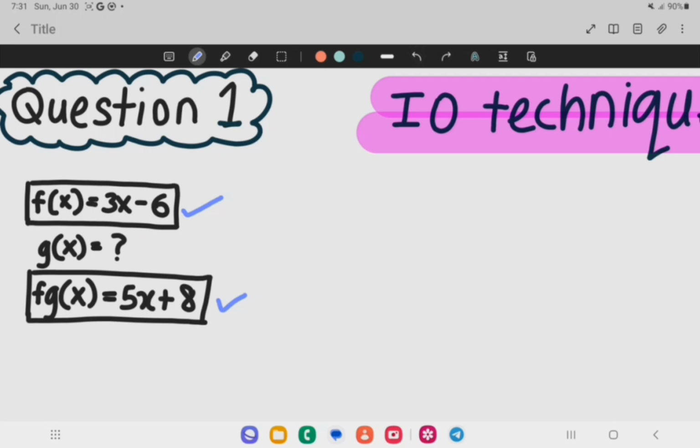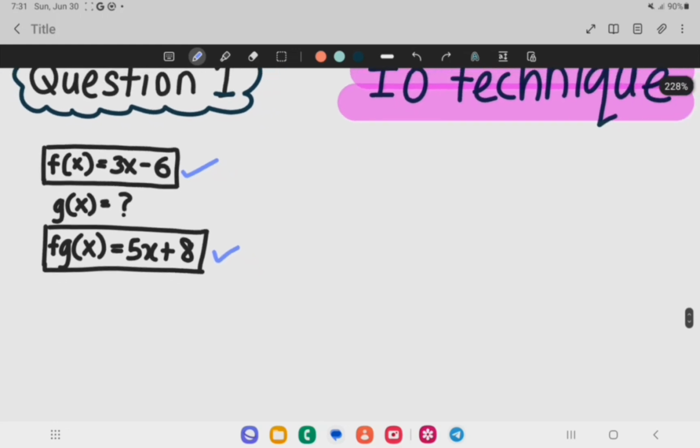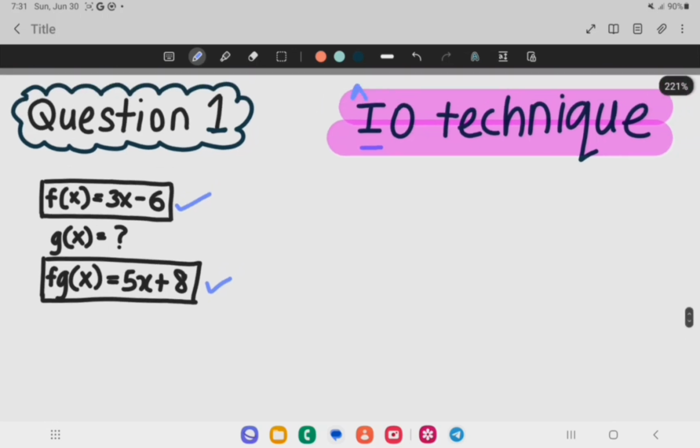First you have to identify whether the gx is located inside or outside. So obviously the g is located inside, because the f is located outside. So when the g is located inside, do you have to use the inverse method? No, you don't have to use the inverse. This one is the easier part. Okay, you're going to use the IO technique.